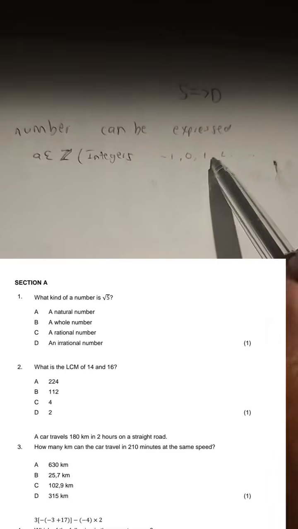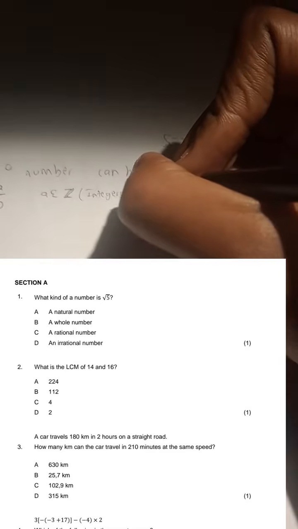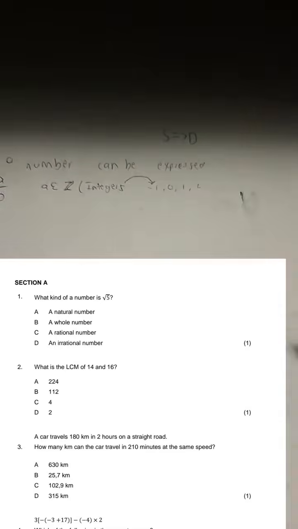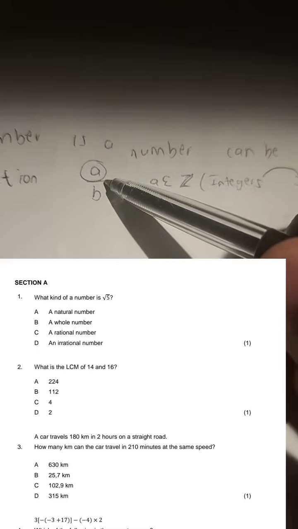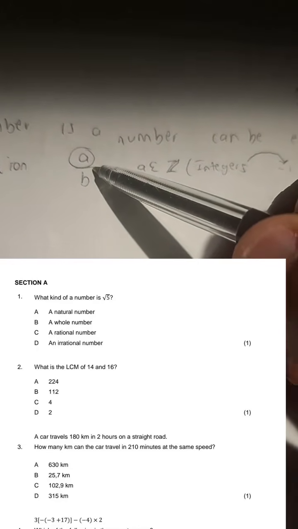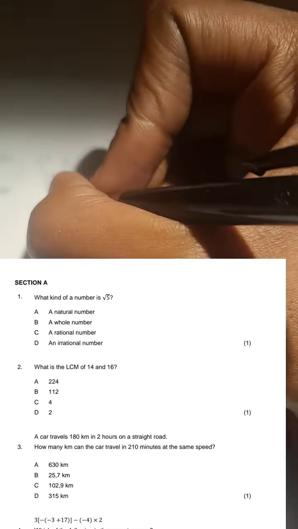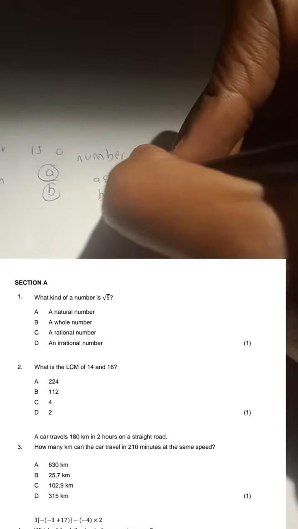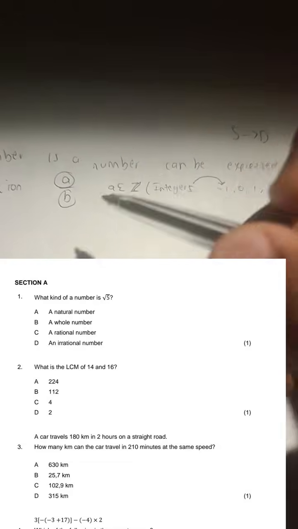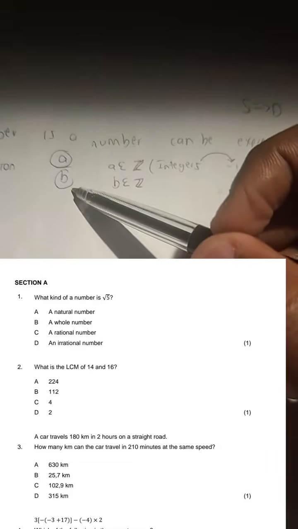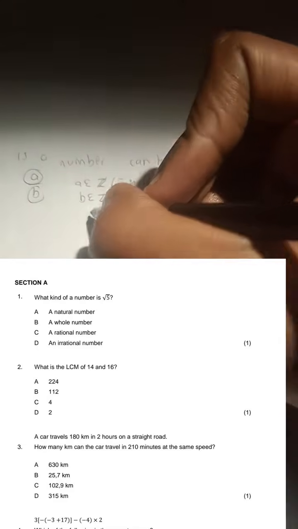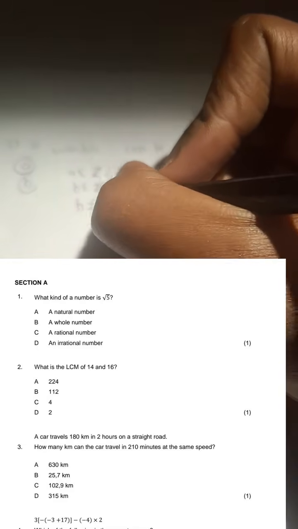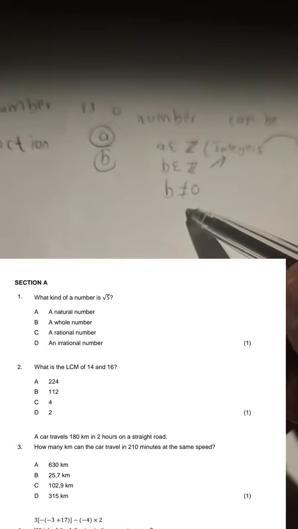So these are positive and negative whole numbers. Those are integers. So your numerator must be an integer in order for it to qualify as a rational number, and your denominator as well. B is an element of integers. Your denominator also must be an integer. All right, so as long as that is the case, and B must not be 0.